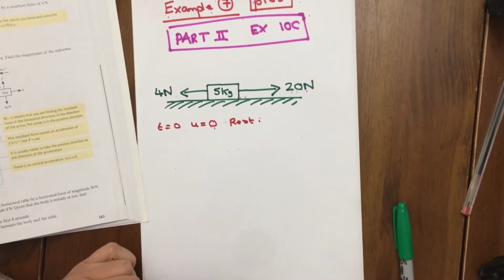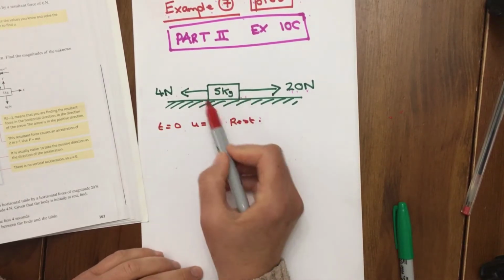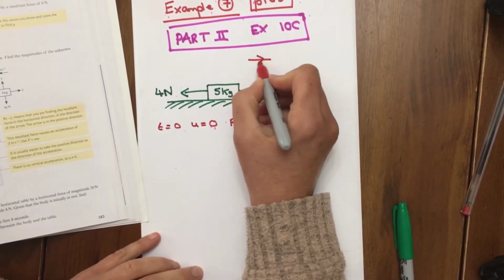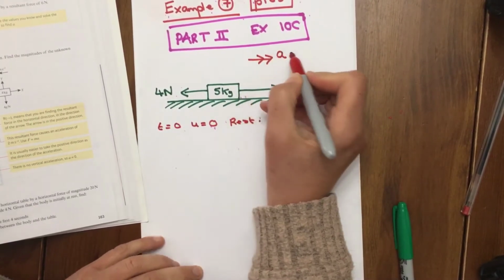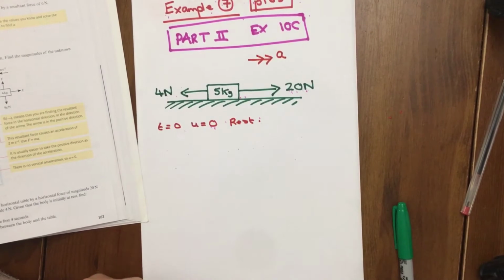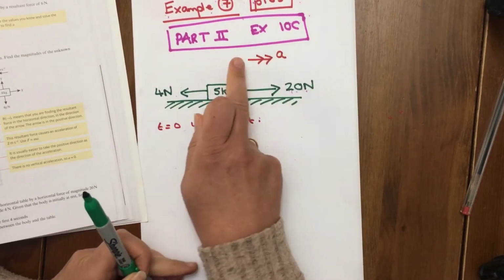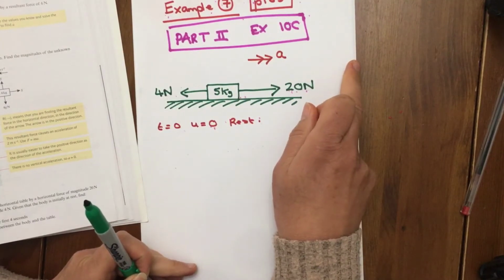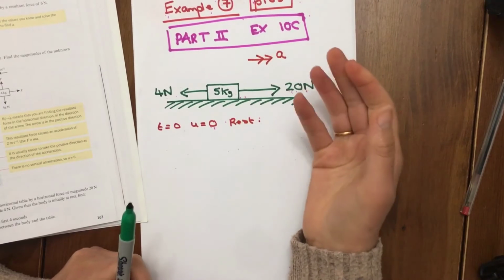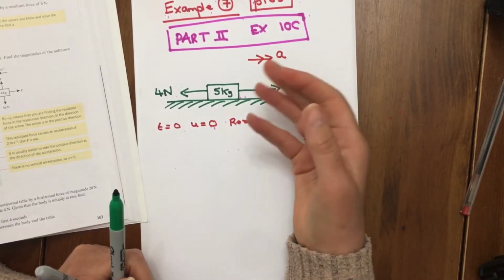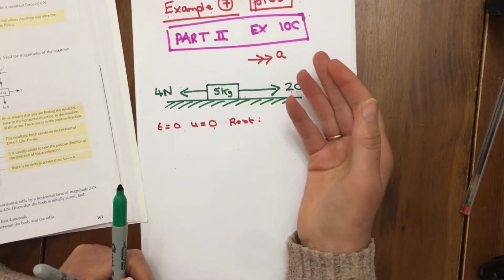It says find the acceleration of this body here. Now it's being pulled this way, so the acceleration will be along here. And because this force is constant and this is constant, my acceleration will be constant. So because my acceleration is constant, I know that I can use SUVAT for this question.